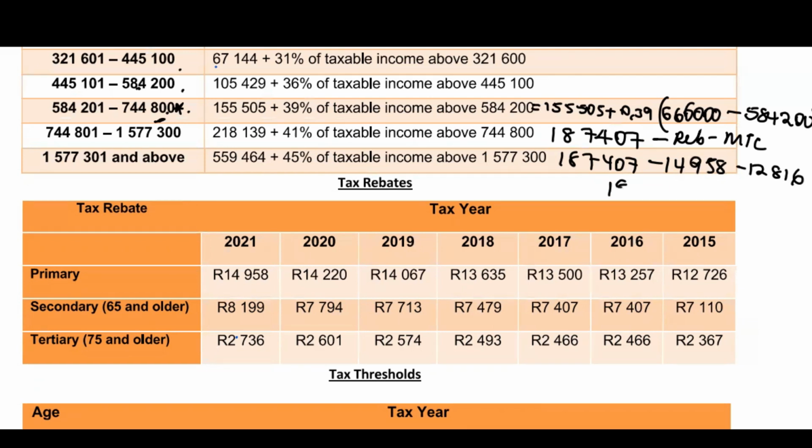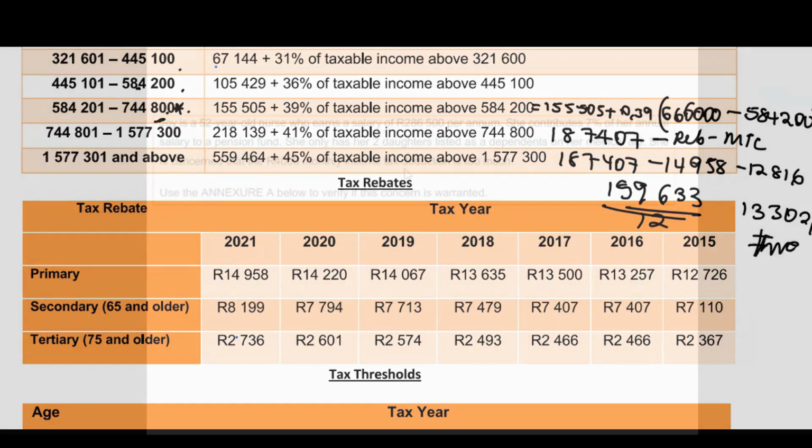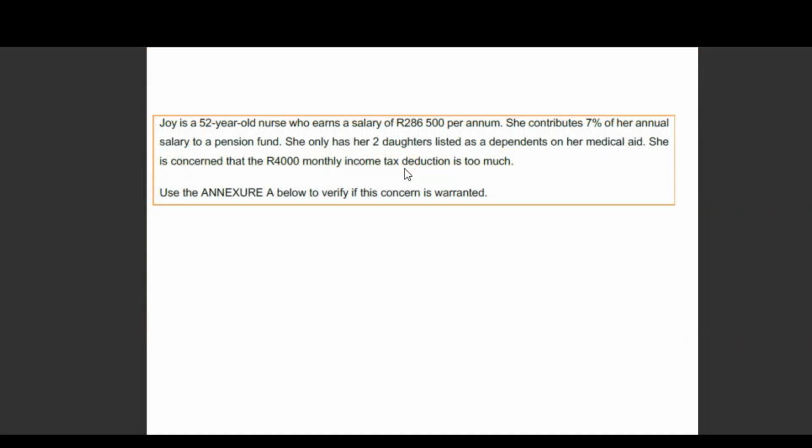You have 159,633. Because this said monthly, we shall divide it by 12. So her claim is what? Invalid.